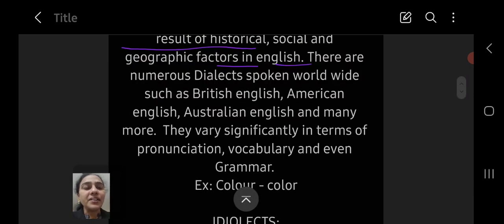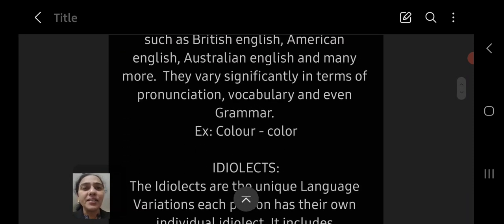Now, in the context of dialect, I would give you this example of color, COLOUR. Would your computer agree if you type this word? No. It will show a red zigzag underline, right? Why does it show that? Because the language fed into the computer does not agree with the spelling you type, as US English is different from UK English.